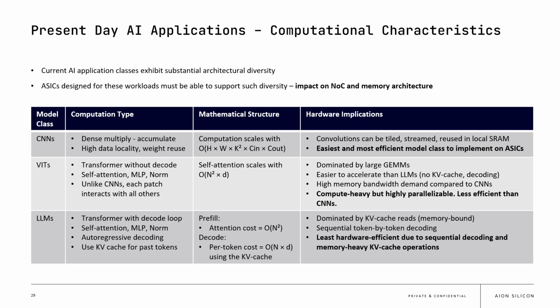And then lastly, you've got your transformer with decode loop, which is an autoregressive model, which means every output that the structure generates is fed back into its input to generate the next output. And it keeps running this in a loop until all the outputs are generated.